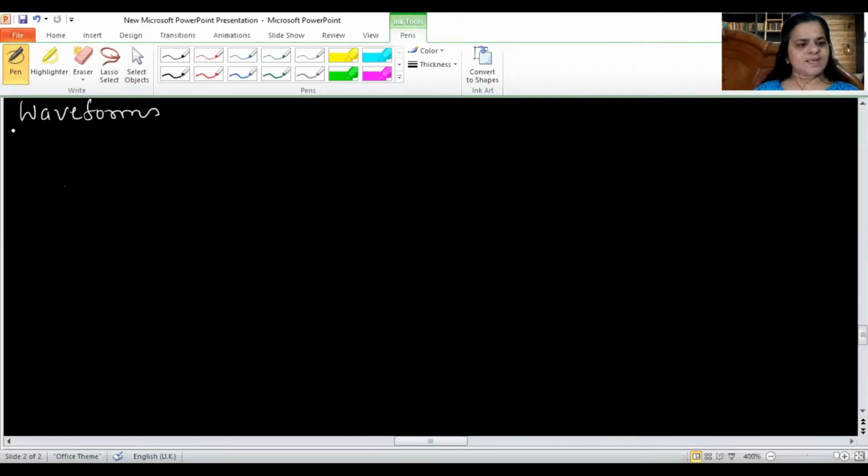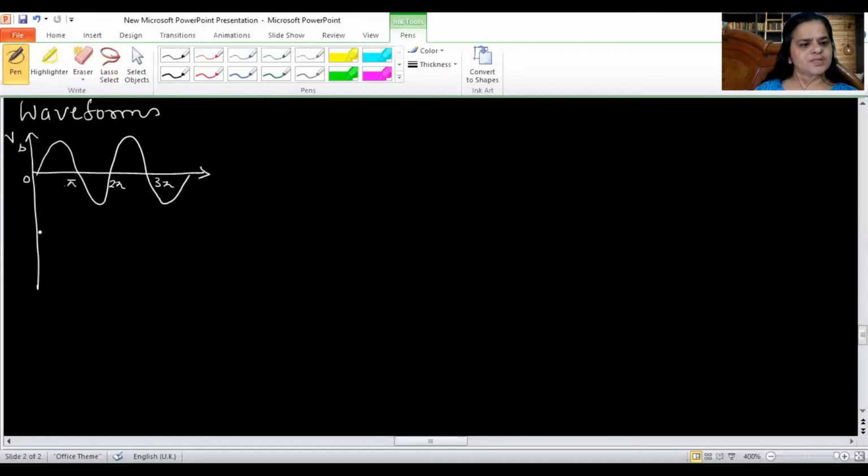Let's see the waveform of a full wave rectifier. If I draw the waveform for the supply voltage of a full wave rectifier, as you know, the input voltage for a full wave rectifier is an AC voltage that is sinusoidal in nature. So that is Vs, with 0, pi, 2 pi, 3 pi, and so on.